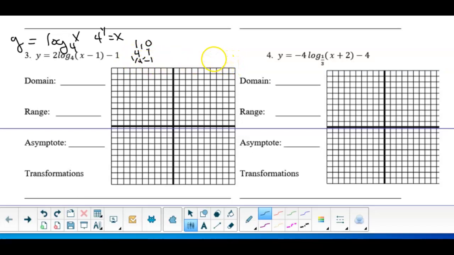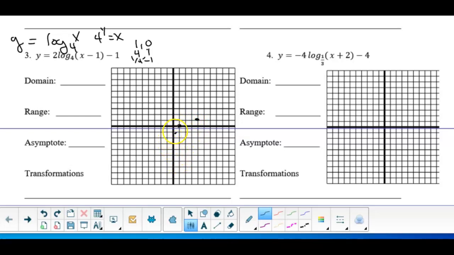Okay, so I'm going to plot those real quick. We go 1, 0, and then we had 4, 1, so right here. And then we had 1/4 and negative 1, so that's down here.